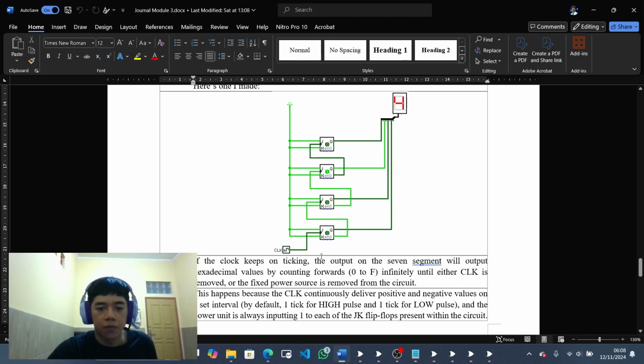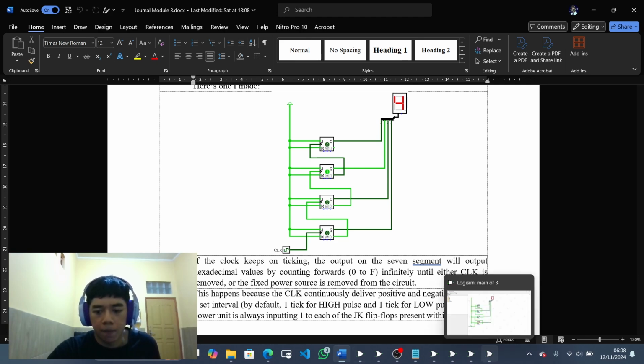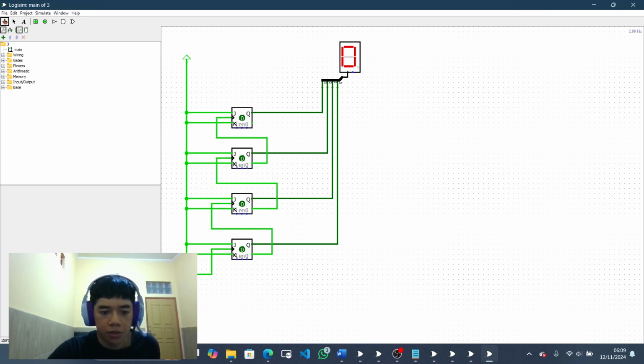Right, so simply, the clock gives the power to somewhat unlock the gate here and thus execute the JK flip-flop here. And the power source here basically does the toggling mechanism, or the inversing of inputs within the flip-flops.